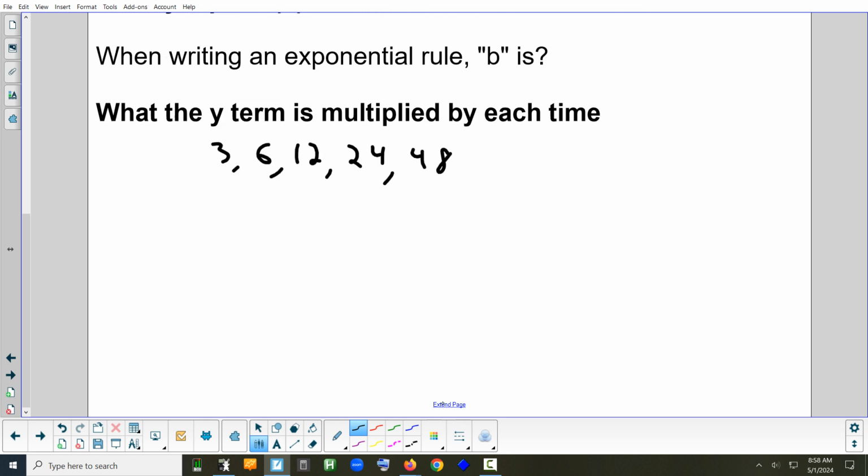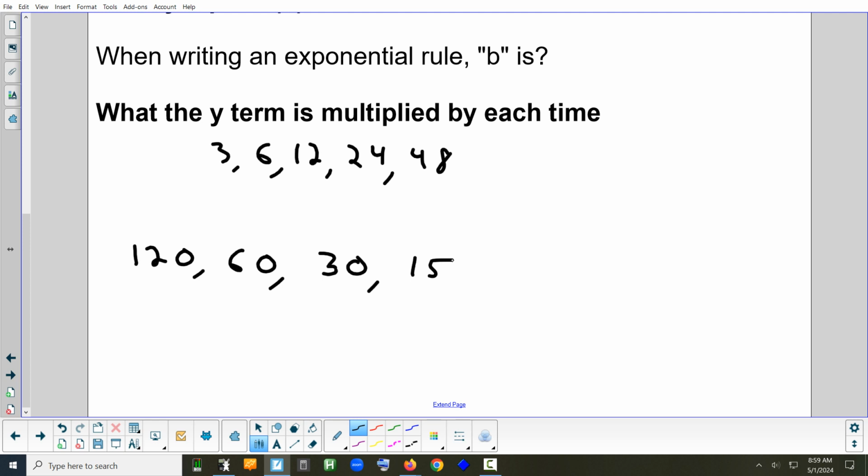Okay. What if I had something like this? 120, 60, 30, 15, and I can keep going. You're dividing by 2. Yeah, so it's really like dividing by 2 or multiplying by what? No, it's not multiplying by 2 because that would be getting bigger each time. Dividing by 2, but that's the same as multiplying by what?